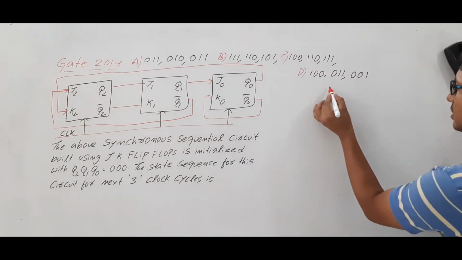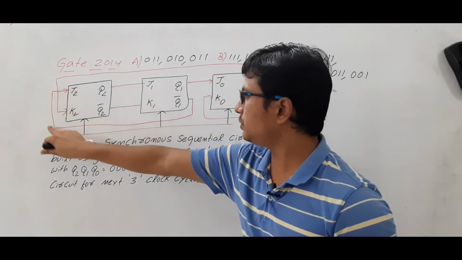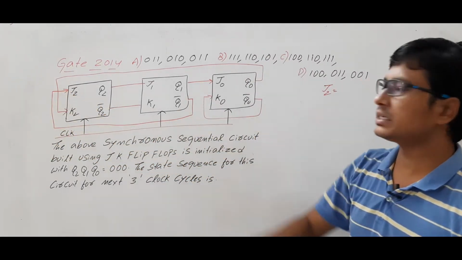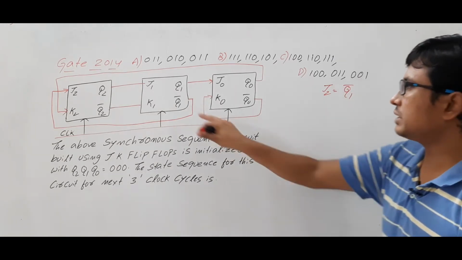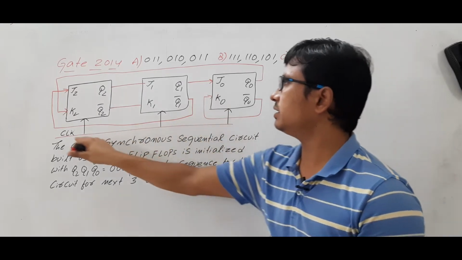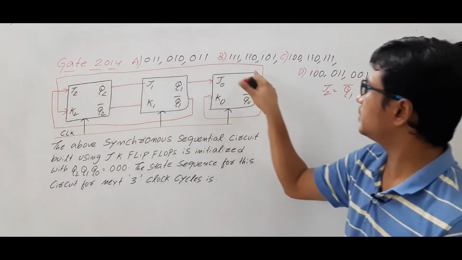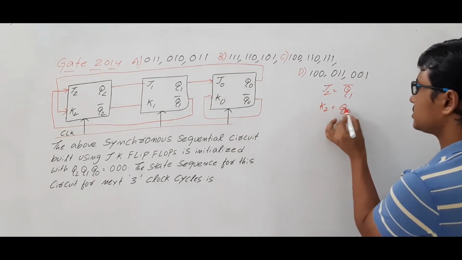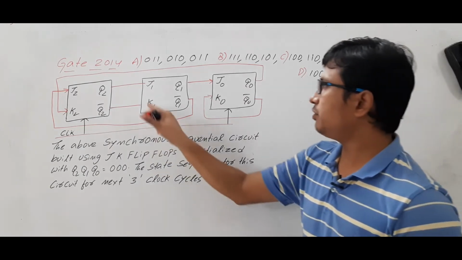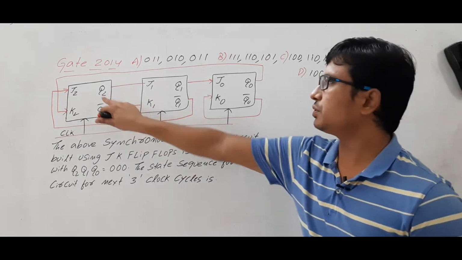Now if you see, J2 is equal to Q1's complement, because Q1's complement is connected to J2. Now K2 is equal to Q0. K2 is equal to Q0. J1 is equal to Q2.